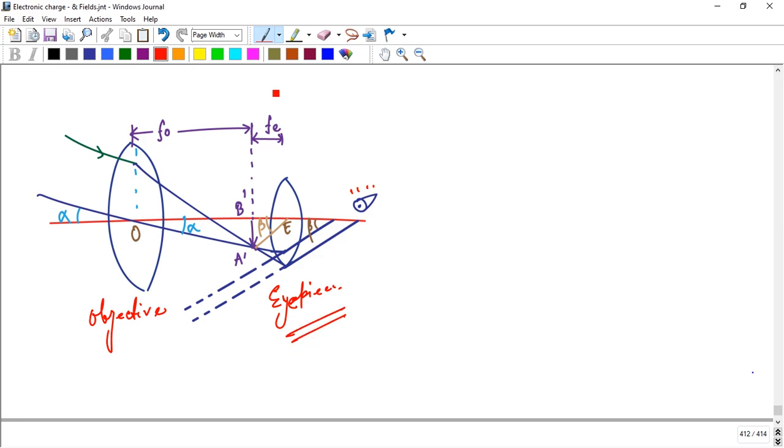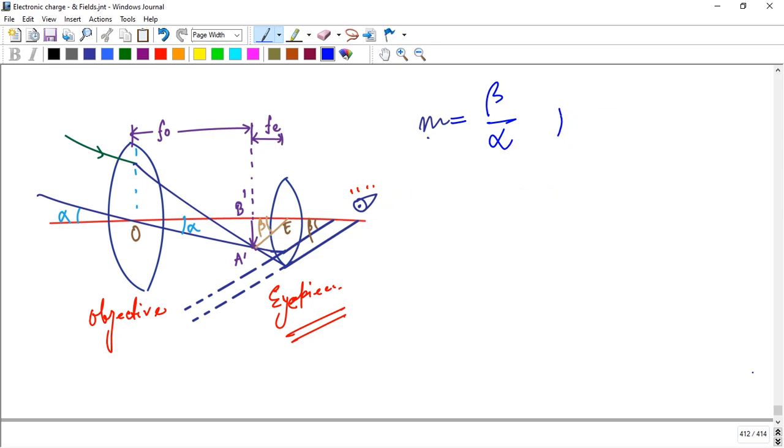From the derivation, M is the angular magnification, which is equal to beta by alpha. And what is beta?